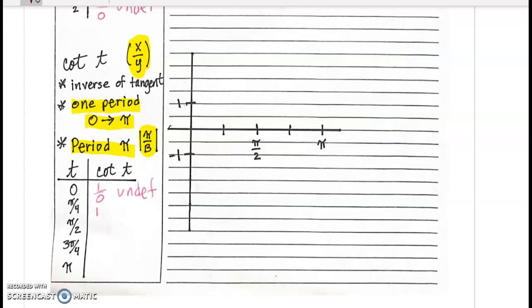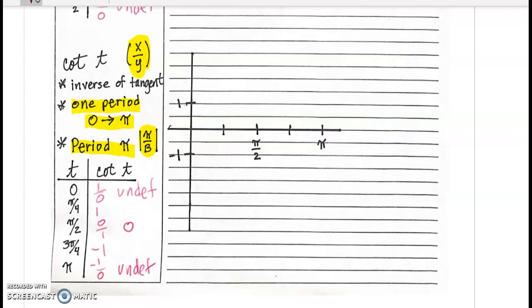At pi over 2, my coordinates are 0, 1. So that means I would be 0 over 1, x over y. And so that means I'm at 0. At 3 pi over 4, just divide those two. Square root of 2 over 2, and negative square root of 2 over 2, so I would end up at negative 1. And at pi, I'm at negative 1, 0. So negative 1 over 0, again, I'm going to be undefined.